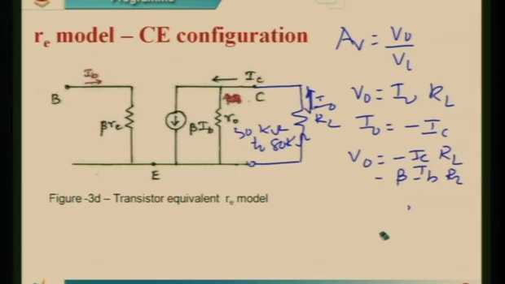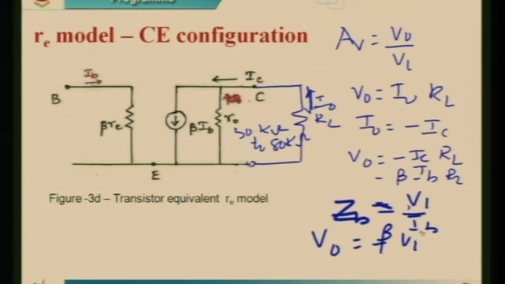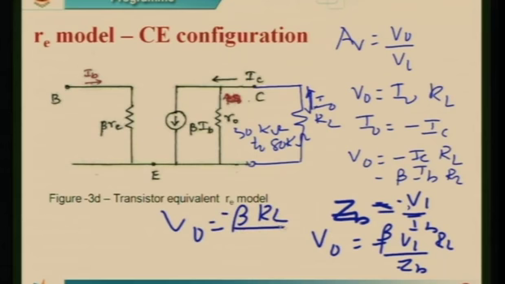ZB is equal to Vi by IB. Substituting this equation, V0 is equal to minus beta times Vi by ZB into RL, then the voltage gain is minus beta times RL by beta times RE.